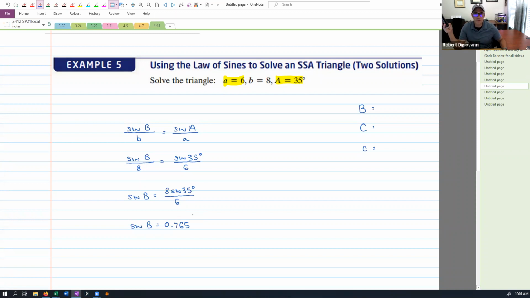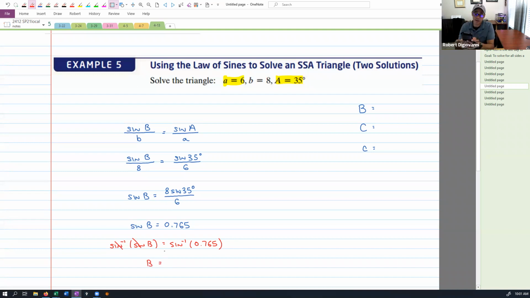Any questions or anybody disagree? Okay. Now, this step, we do inverse sine on both sides. That will free the B from the sine, right? That will kill that off. We'll get B equals.